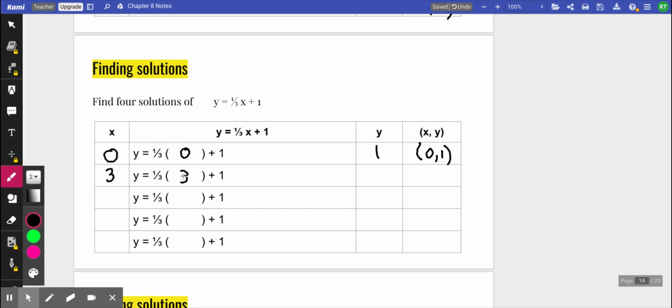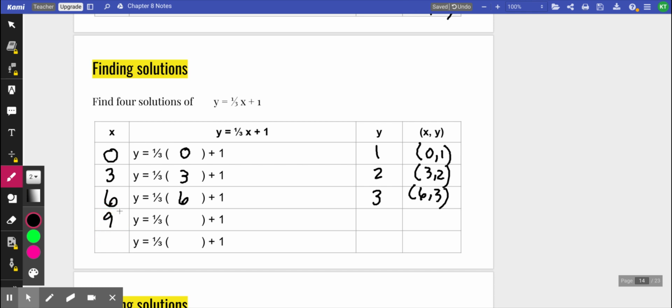So 1/3 times 3 is 1, plus 1 is 2. So 3, 2 is a solution. Next multiple would be 6. So 1/3 times 6 is 2, right? Because remember, multiplying by 1/3 is the same as dividing by the 3, right? So that'd be 2 plus 1, which is 3. So we have 6, 3.